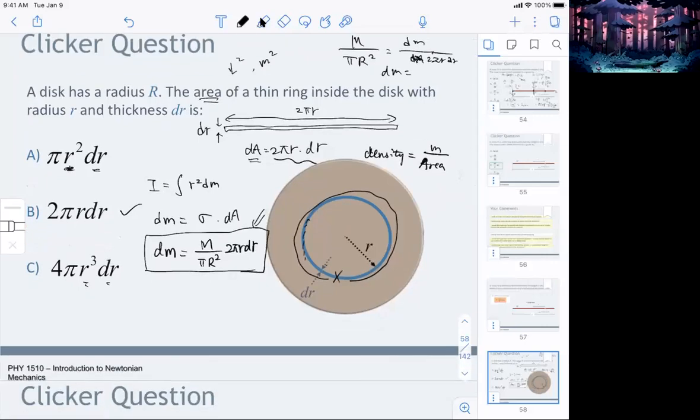So now let's cancel some of these. It's going to be 2m over r squared times r dr. And dI is going to be, okay, so r is a variable, right?